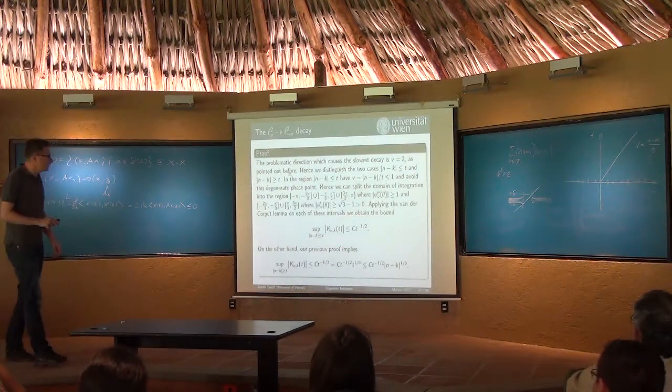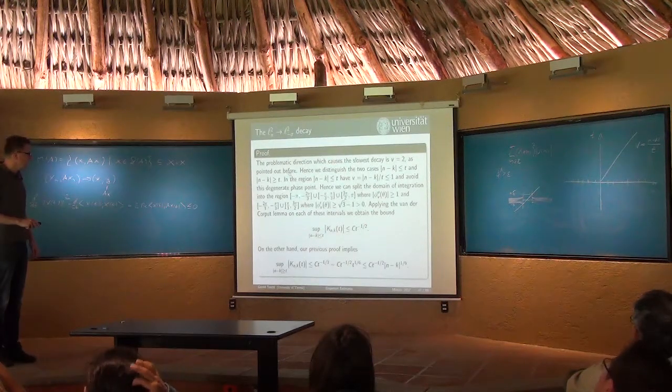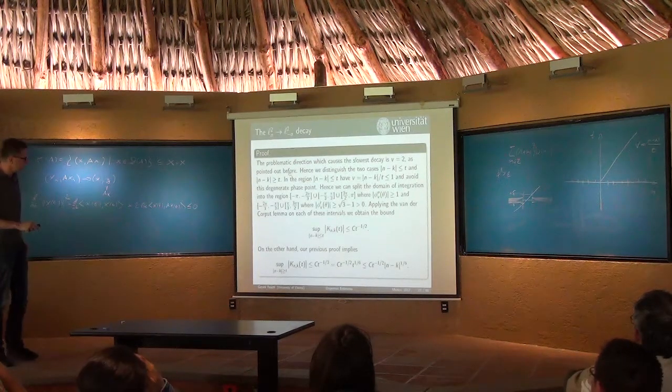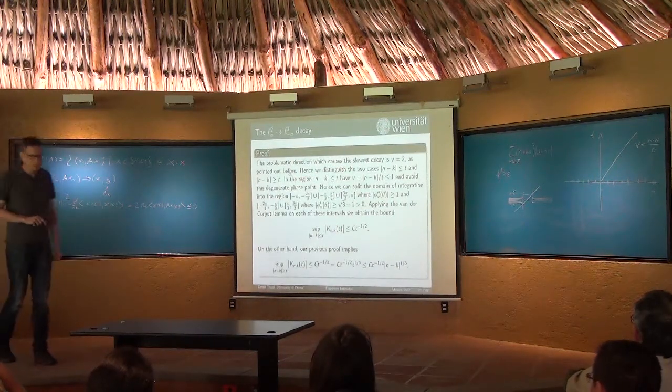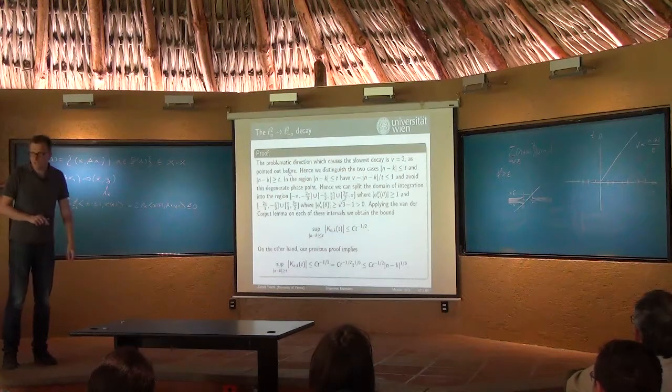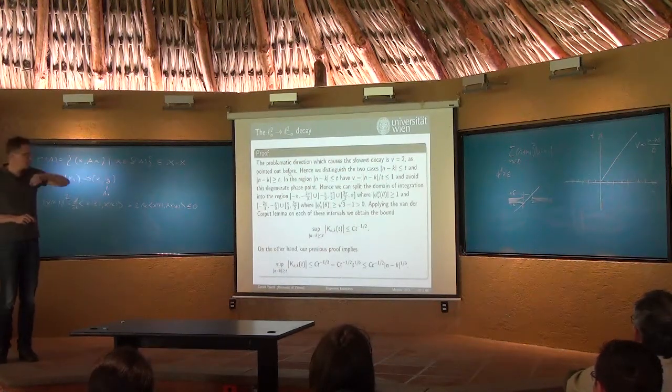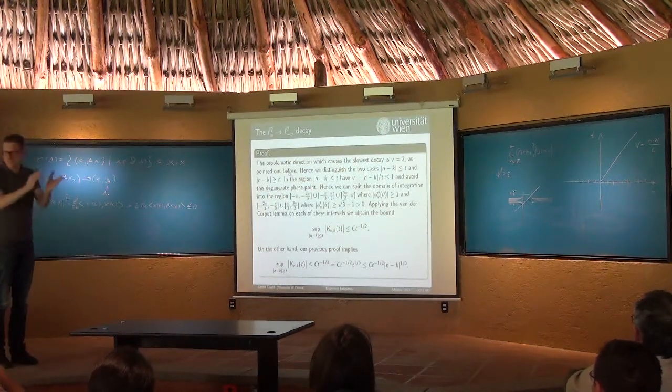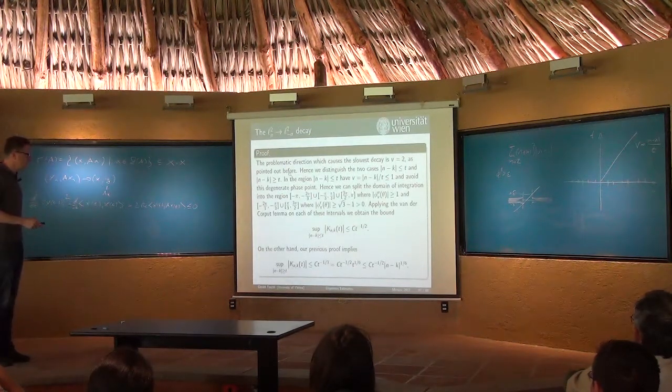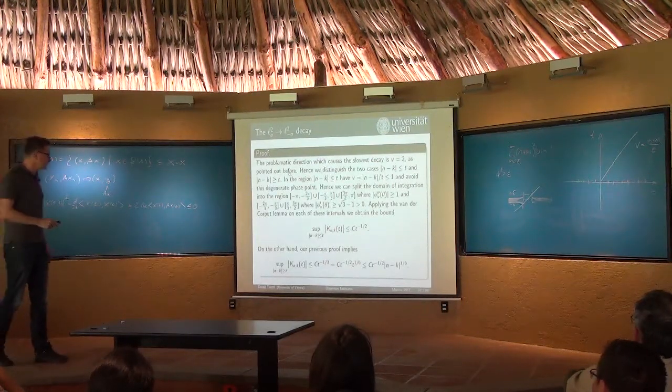Again, we split our domain of integration into these regions right here, where we know that the second derivative is larger than 1. And we split it into these regions right here, where we know that the first derivative is larger than this value right here. So you look at your trigonometric expression, and you just separate the zeros of the second and of the third derivative, and you make some explicit estimates using the trigonometric functions.